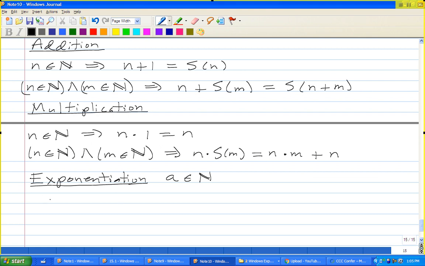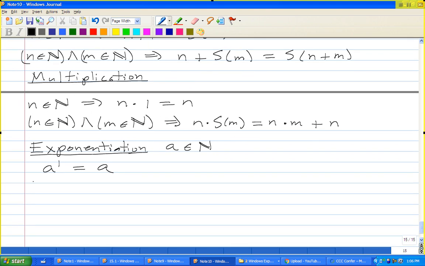Then I'll define A to the first as A. If n is some natural number, then I'll define A to the successor of n as equaling A times A to the n.